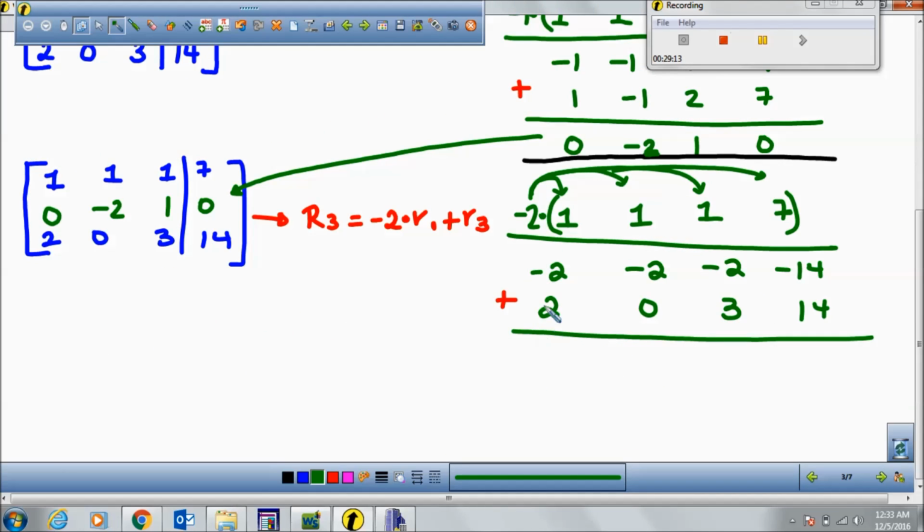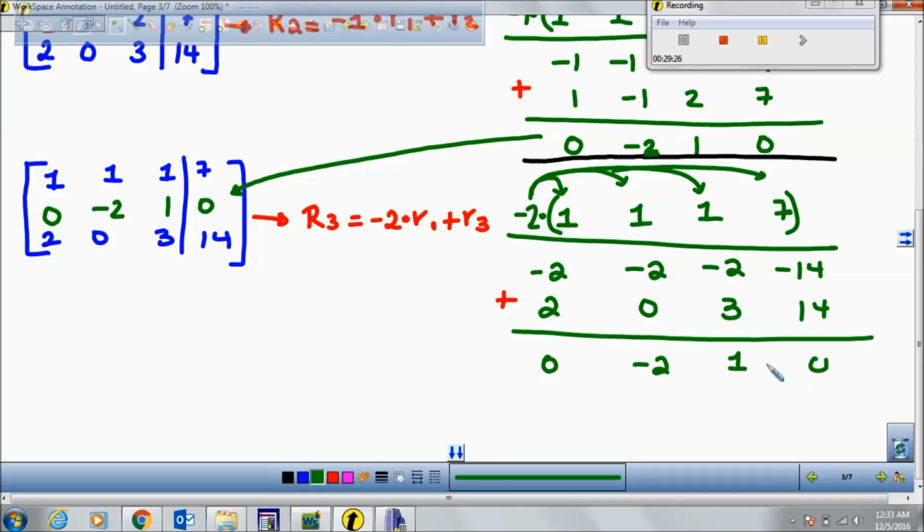So -2 plus 2, it's 0. -2 plus 0 is -2. -2 plus 3 is 1. And -14 plus 14 is 0. So then I'm going to draw a line here for my next step.